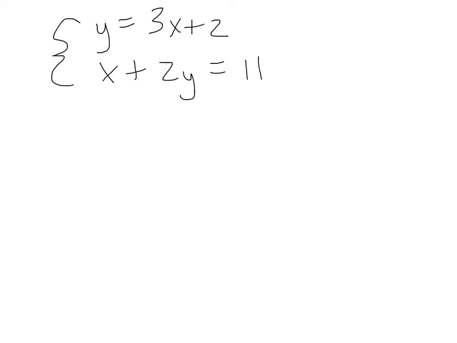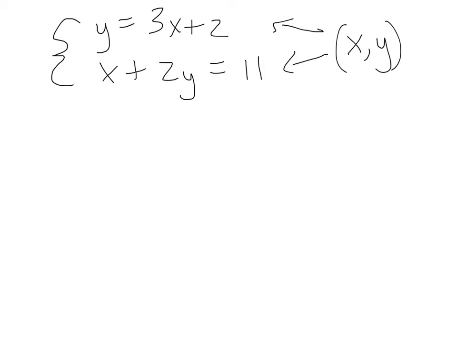Here's our system of equations. What coordinate point (x, y) would work for both this equation and this equation? You could graph them and figure out where the lines intersect. That would be the point that they both share, a solution they both share.